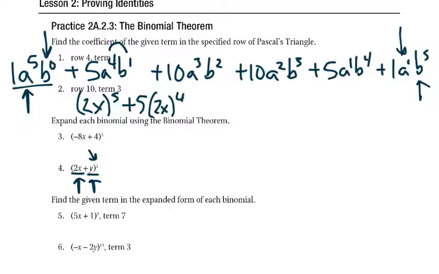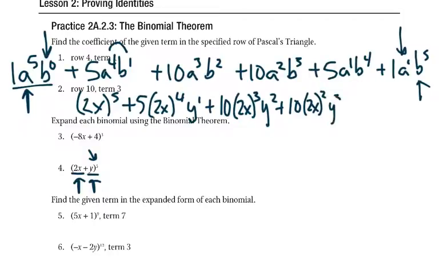Now b is just y, so y to the 1st plus 10, 2x cubed, y squared plus 10 times 2x squared, y to the 3rd plus 5 times 2x to the 1st, so just 2x, times y to the 4th plus just b, because we can eliminate that, so y to the 5th.